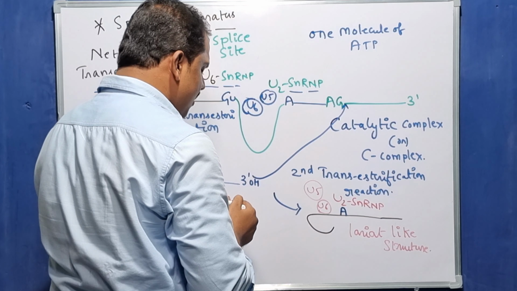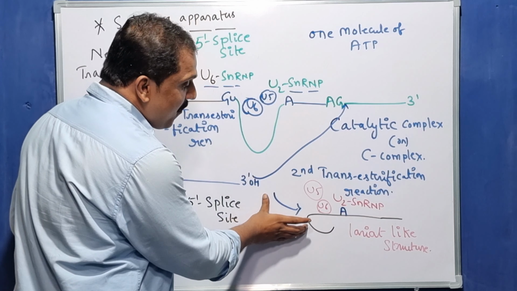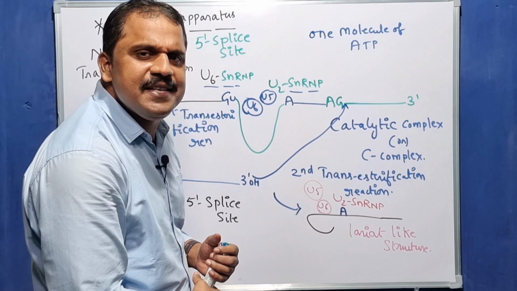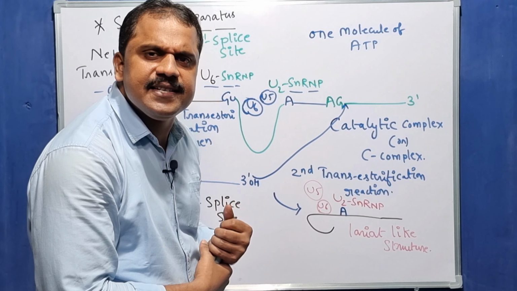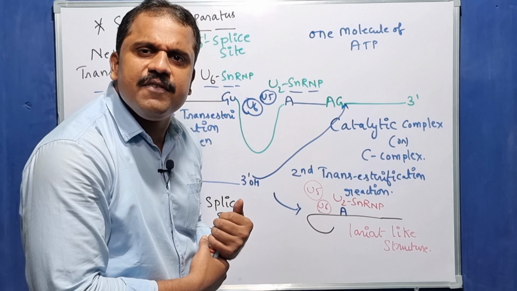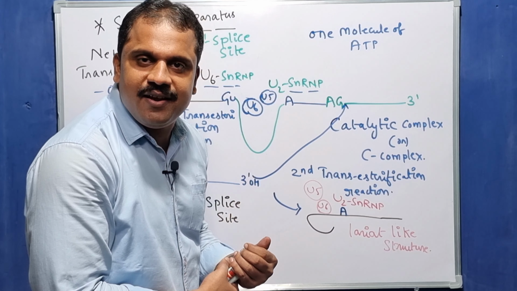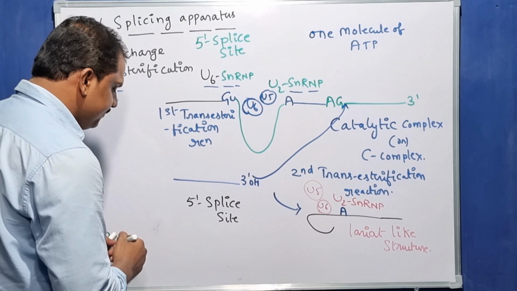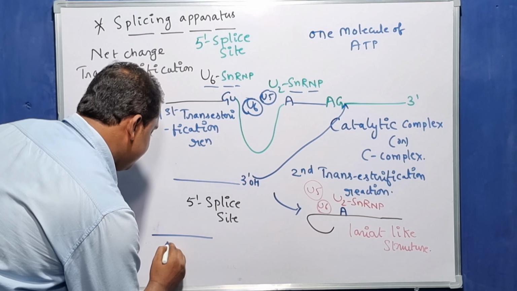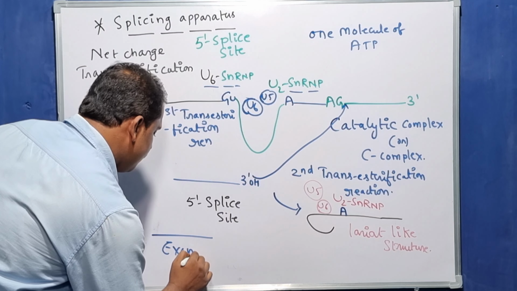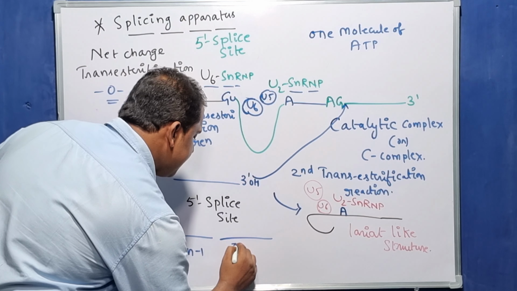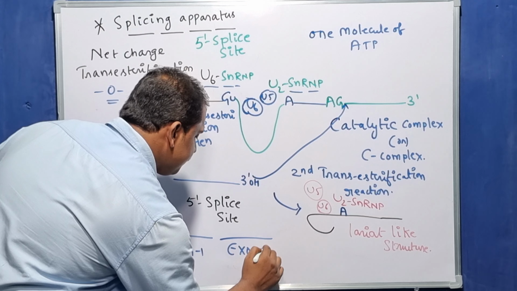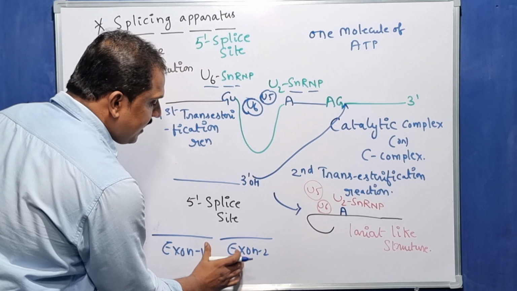Once the non-coding sequence or intron successfully splices out in the form of a lariat-like structure, under such condition it leads to the formation of a mature RNA or intron-free RNA. So let us assume it as exon 1, and here it is exon 2. Now both the exons undergo ligation.